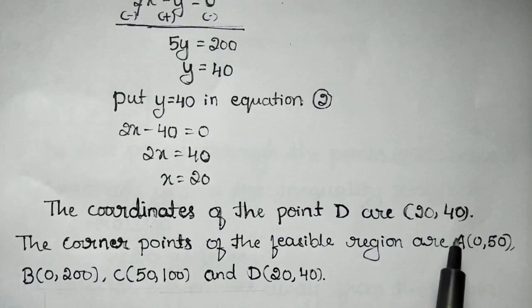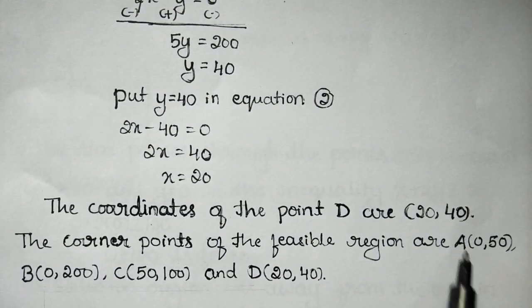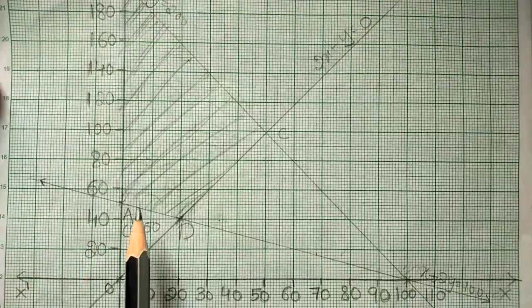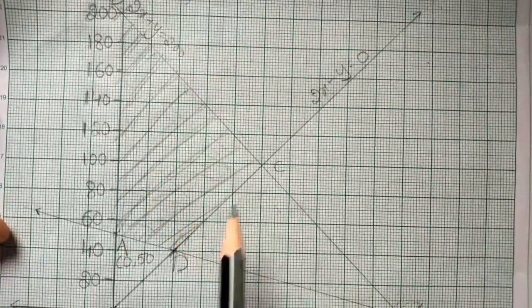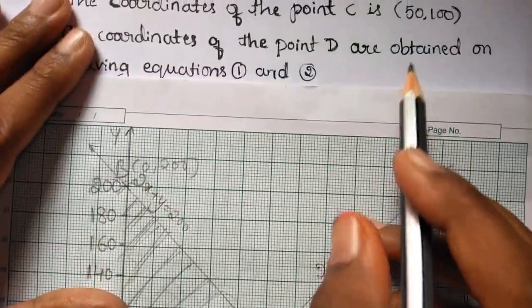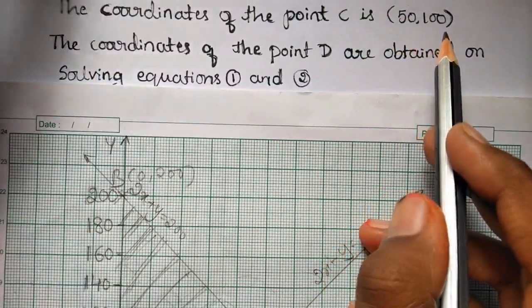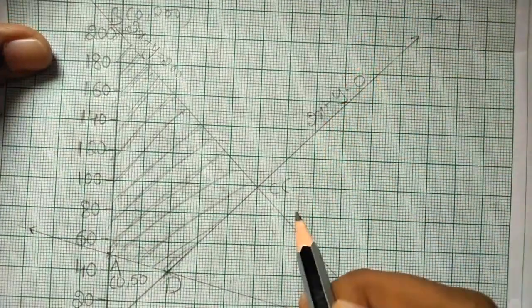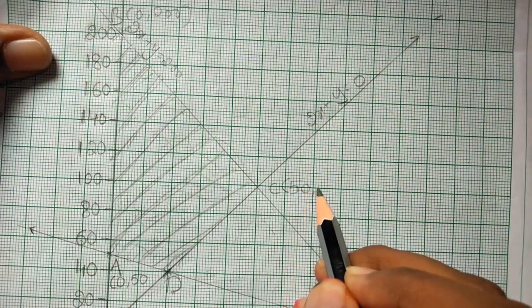We have determined the coordinates of C and D. Now observe the graph. We know the coordinates of A, B and we have determined the coordinates of C. The coordinates of C is 50, 100. I'll write it here, 50, 100.